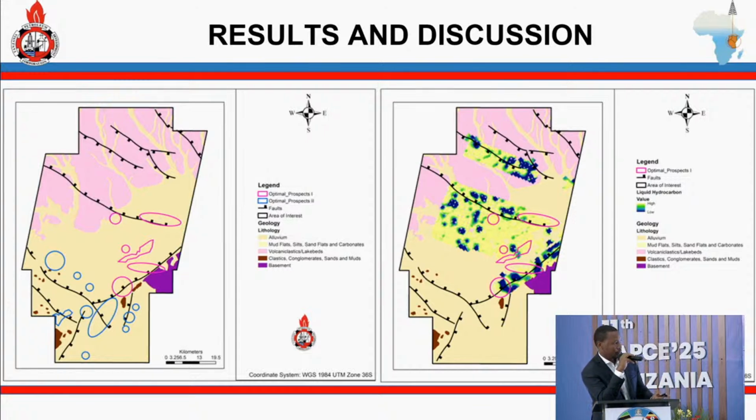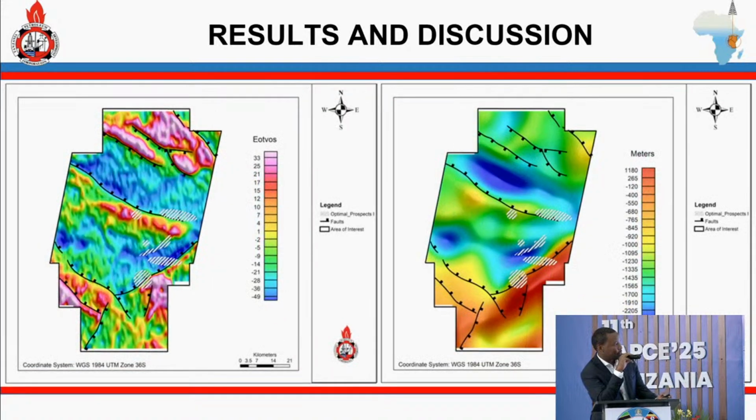So with the AGI, which are the real samples, they are giving us assurance of what is in the area, which is the hydrocarbon we're looking for. The areas were also underlain by some of the gravity maps. To your left is the AGG, and to your right is the depth map. And you can see where we mapped the structures is where we also have these kind of signals from all the four methodologies being applied.